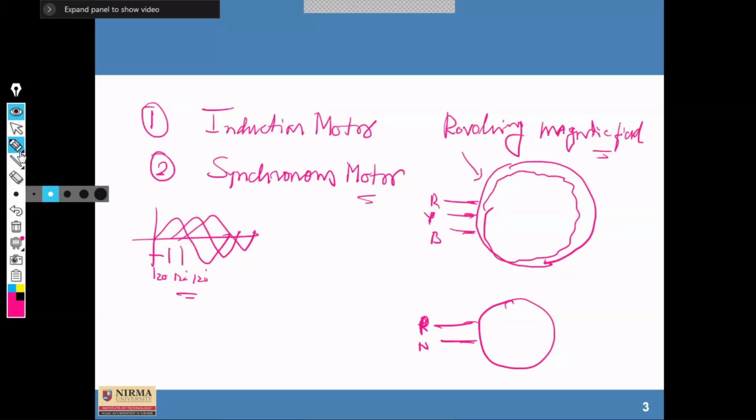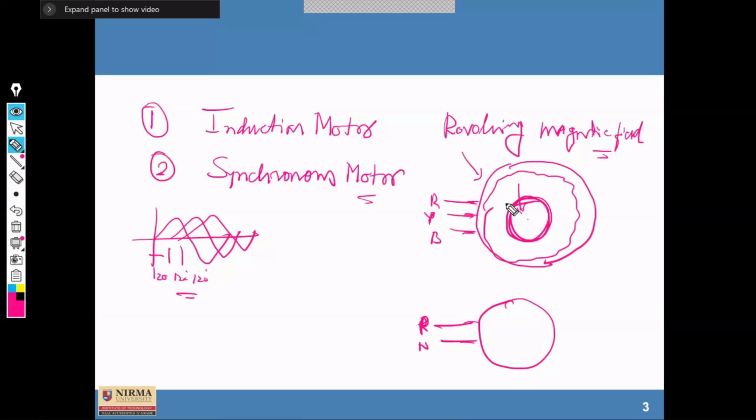And the rotor is constructed in such a way that the EMF is induced in it because the conductor is stationary and the magnetic field is rotating. So for inducing an EMF, there are two different conditions: either a magnetic field which the conductor cuts, or a current carrying conductor placed in a magnetic field.